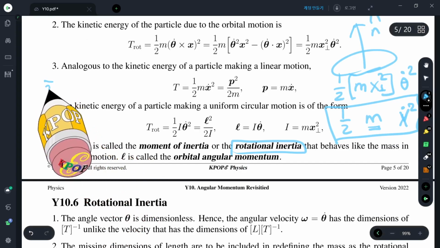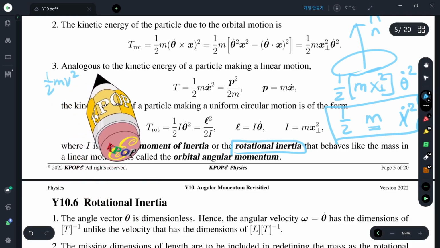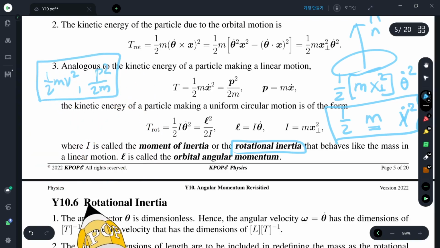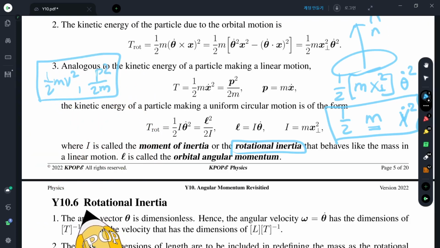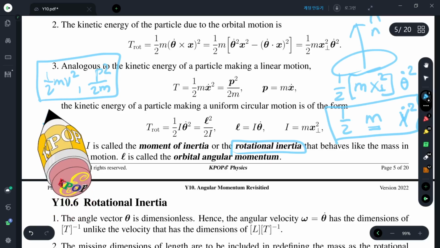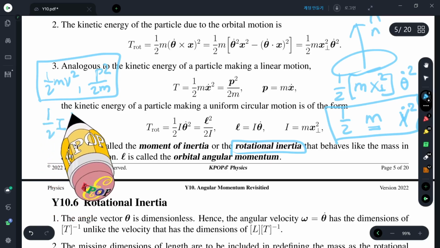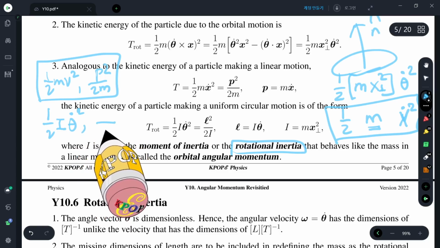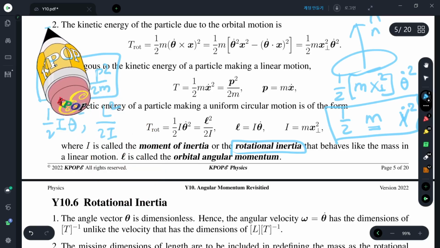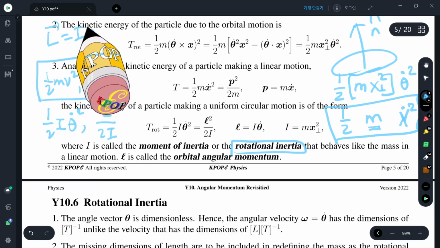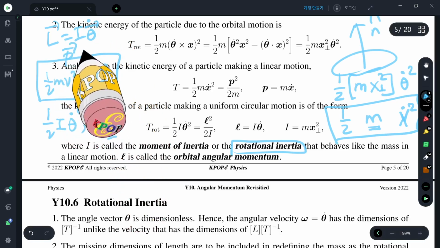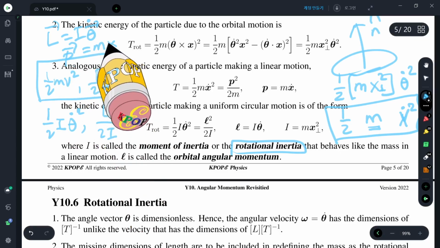So just like 1/2 mv squared or p squared over 2m is used for the kinetic energy of a single particle, for a rotation of a rigid body, we use 1/2 I theta dot squared or L squared over 2I, where L is the angular momentum I times omega. Here P is the linear momentum, mass times velocity.